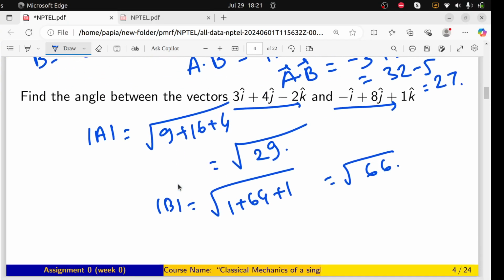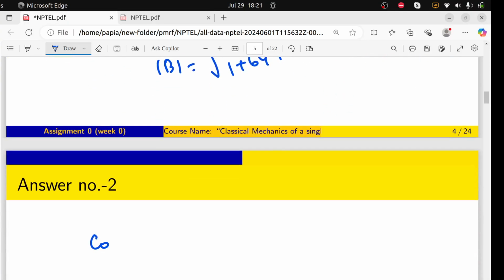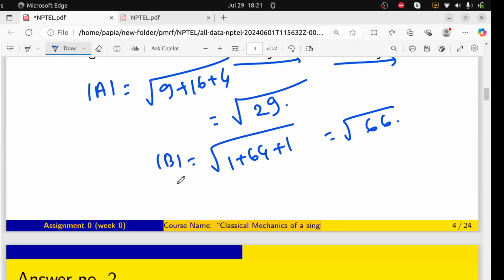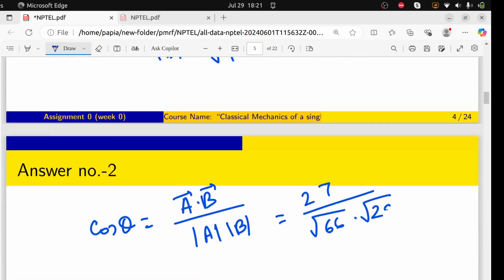Now if I calculate cos theta, cos theta equals A dot B by mod A mod B. So A dot B was 27, mod A is 29, mod B is 66. So you can just calculate these things, and then you can have the result.